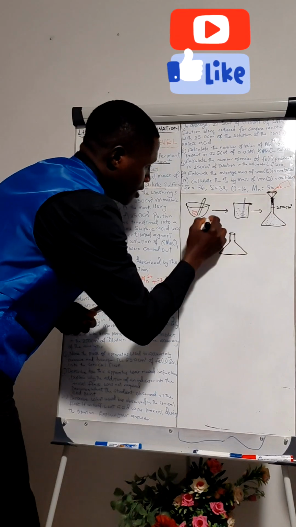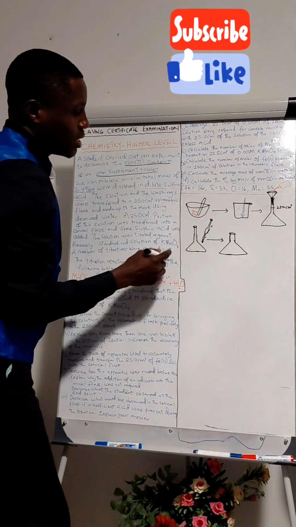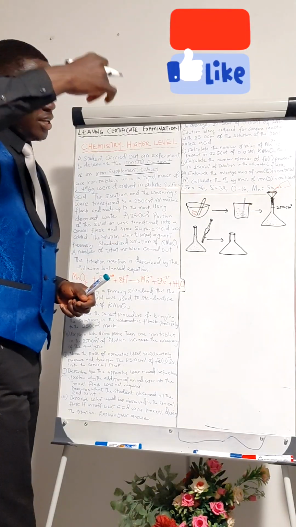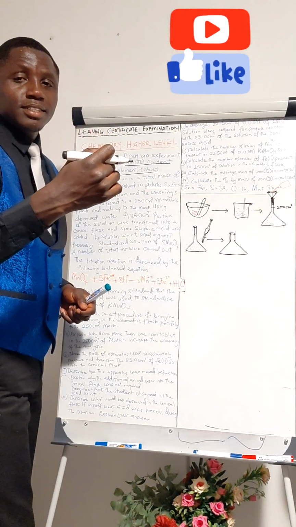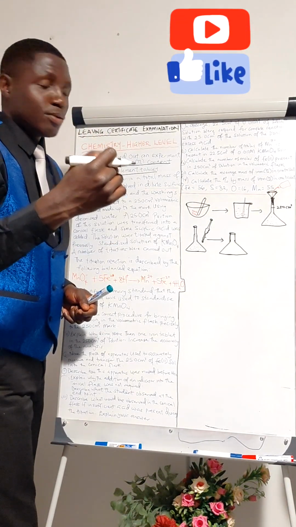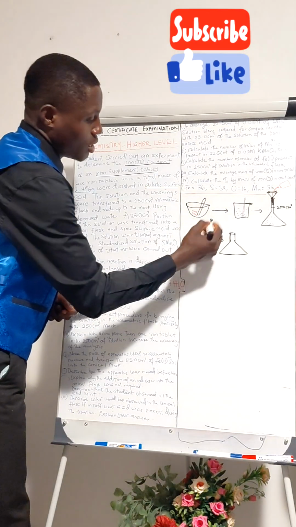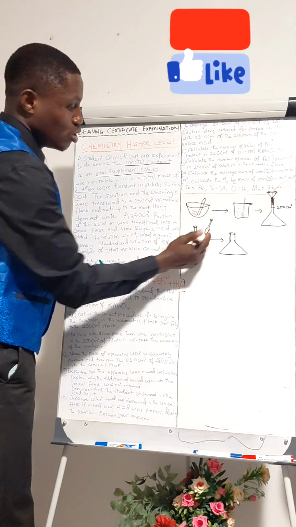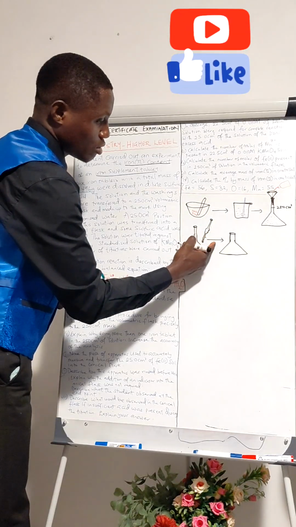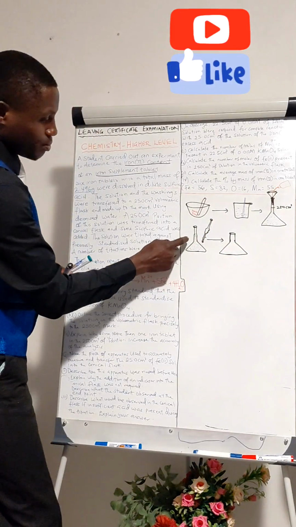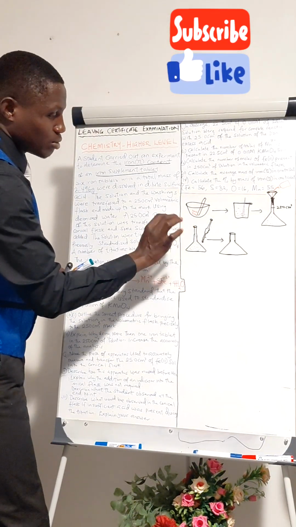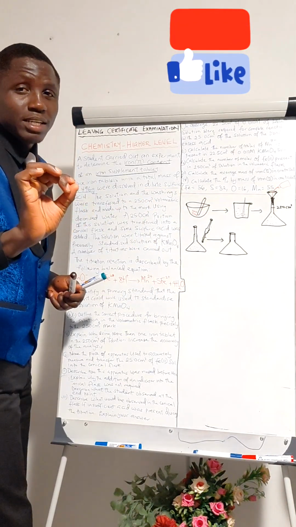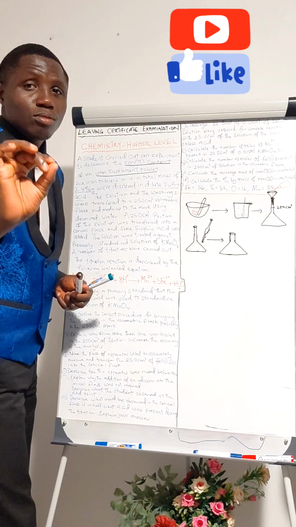Definitely with this pipette, we have what we call a suction bulb, or a pipette holder, that can be used to withdraw the solution. So this 25 cm³ pipette was used to transfer about 25 cm³ of this solution, because it is a fixed volume pipette.